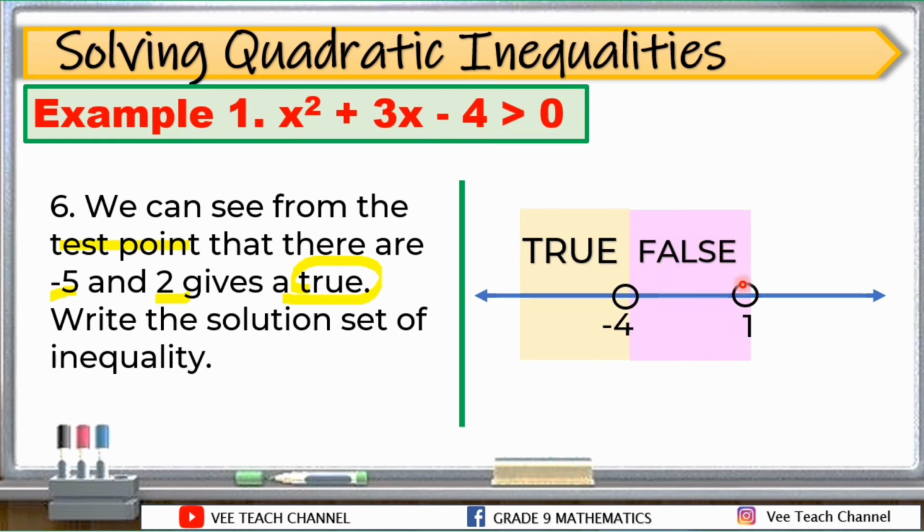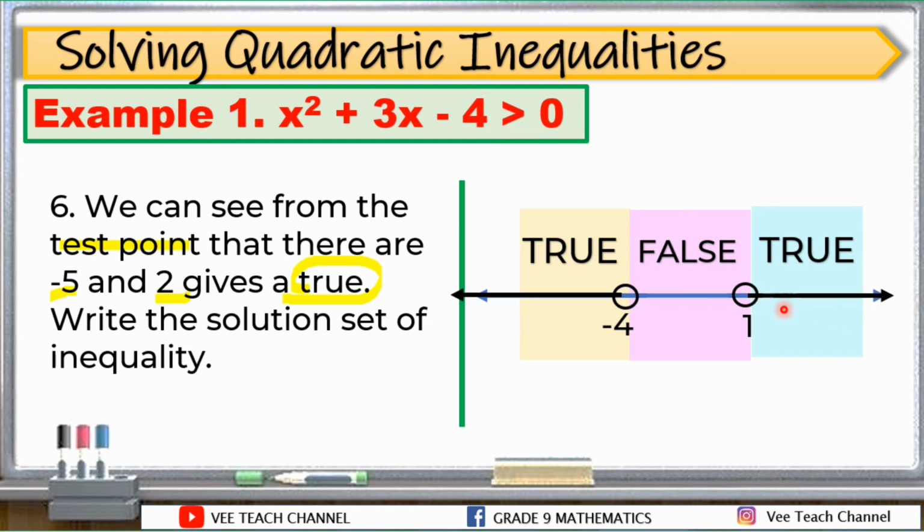Pero dito, yung number sa pagitan ng -4 and 1 ay false, so hindi siya kasali. Tapos, yung number na mataas sa 1 ay true din yung ating nakuha. Kaya, dahil dito, makikita nga natin na lahat ng numbers na mababa sa -4 ay kasama or part ng ating solution set. Ganun din sa kabila, lahat ng numbers na mataas sa 1 ay kasama sa ating solution set.